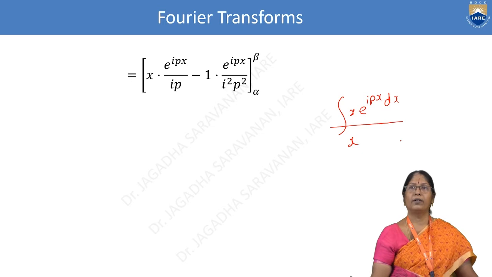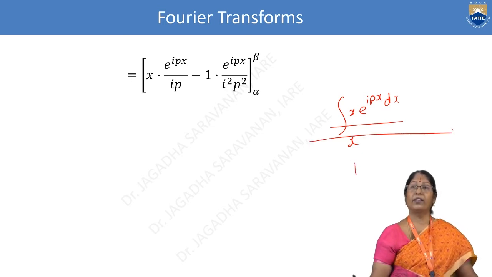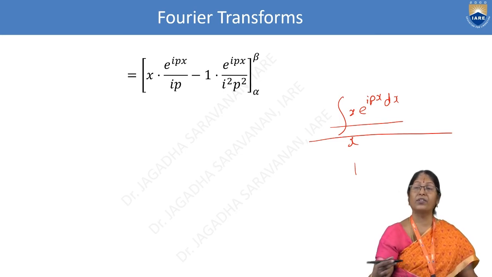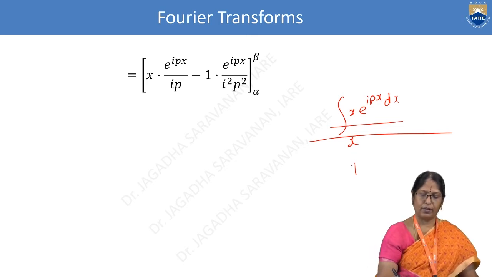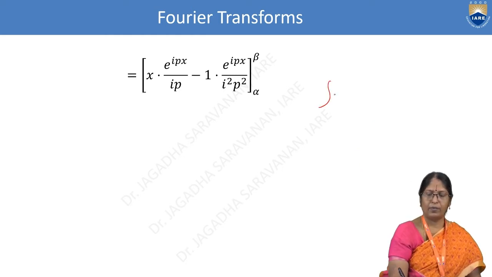X, the differentiation we know, it is 1. Immediately the doubt will come: we are doing integration, why is the differentiation playing a role here? For x, I have written the differentiation only. Next, e power ipx. Just once again I'll write it.